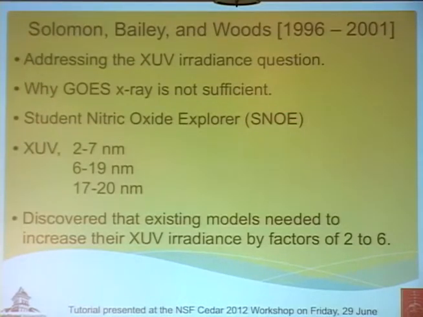And their approach here was to try to address this XUV. So as we're moving forward in the literature, people are identifying shortcomings, trying to fix them. But 2 to 7 nanometers is one of the photoelectron bins. And 2 to 7, Titheridge has already told you, that range is really important.